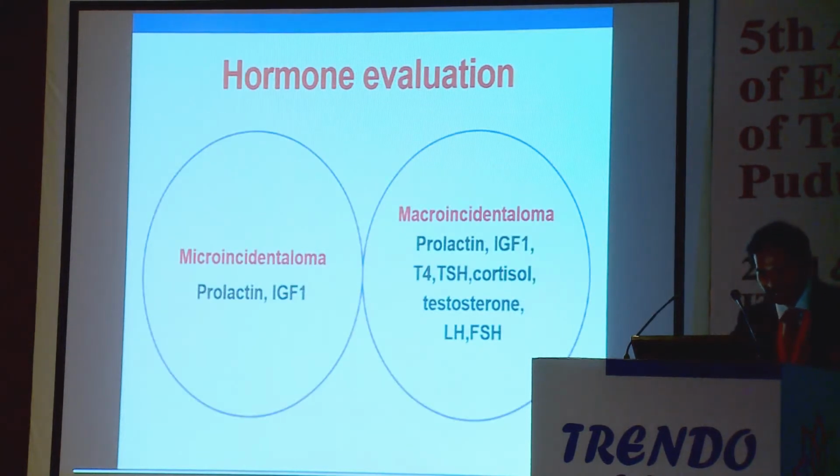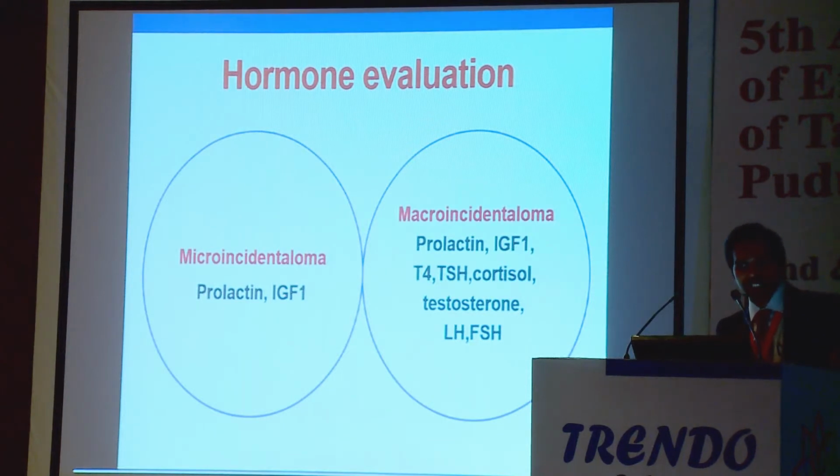So hormonal evaluation, when it comes to microincidentalomas, anything more than 5 millimeters. I have to say that the Endocrine Society guidelines don't make a distinction between more than 5 or less than 5. For all microincidentalomas, they advise a check for hyperfunction.